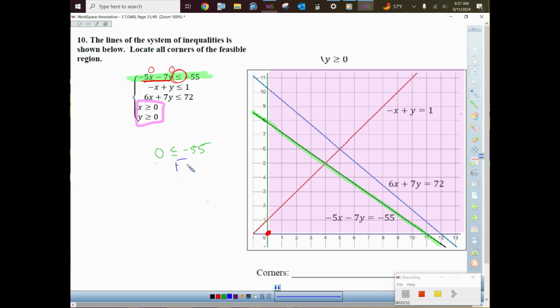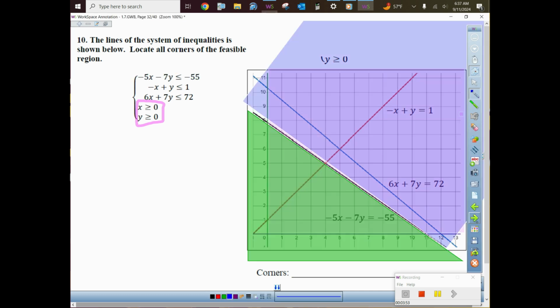And that is false. So what that means here is I could shade on either side of the line, right? Here was 0, 0. We had 0 less than or equal to negative 55. Since this was false, this green shaded region, that's where 0, 0 was, and it's a false point, that means that's not where it needs to be shaded, which is below that line.